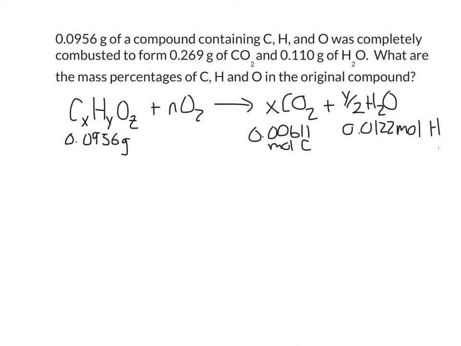To find the mass percent of carbon and hydrogen in this compound, I need to know the number of grams of carbon and the number of grams of hydrogen. To go from moles to grams, I just need to multiply by the molar mass. For carbon, the molar mass is 12.011 grams per mole, and for hydrogen, it is 1.008 grams per mole.